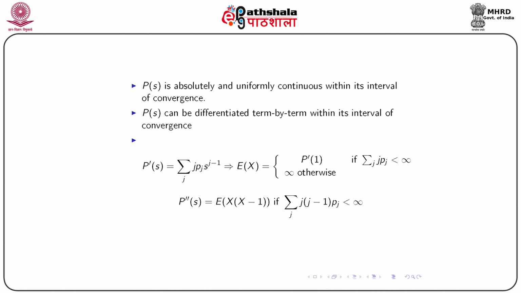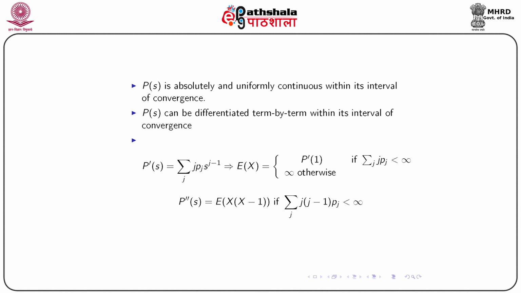Now if I do this, this is nothing but the expected value of X, and the expected value of X equals P prime(1) if this sum is convergent, otherwise it will be infinity. Similarly, if I do the differentiation twice, it will result in the expected value of X into (X minus 1), once again subject to the condition that the sum of j into (j minus 1) p_j is finite.